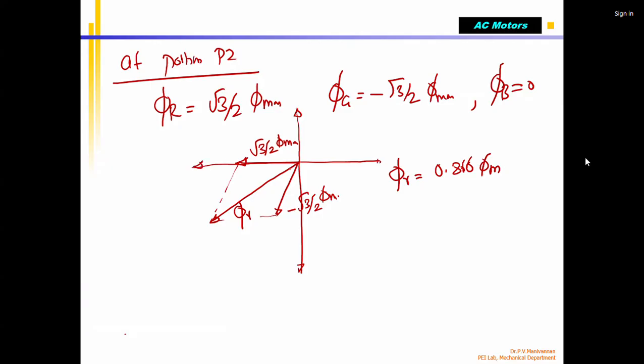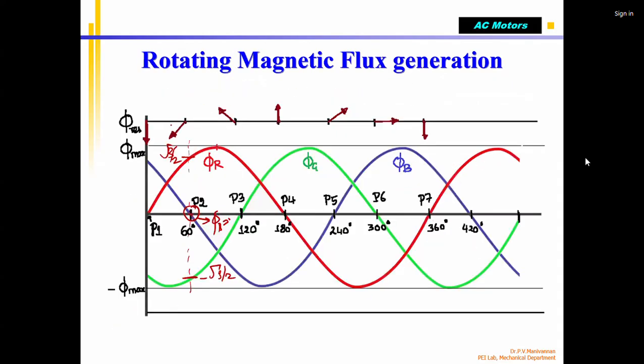Correct? You can see that the resultant vector is here in this direction. If you see the figure, you can see the angle with the vector. Correct? So this is 0.866 times phi max, but the angle with respect to this is rotated by this much. Correct? It is rotated from here. It is rotated like this.